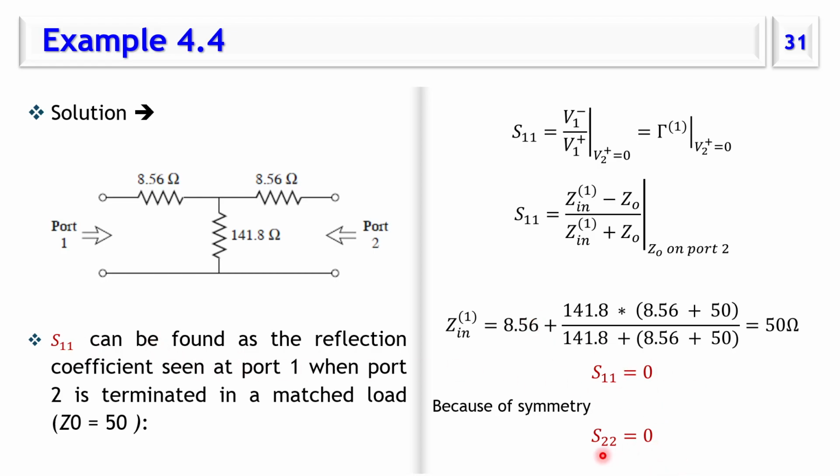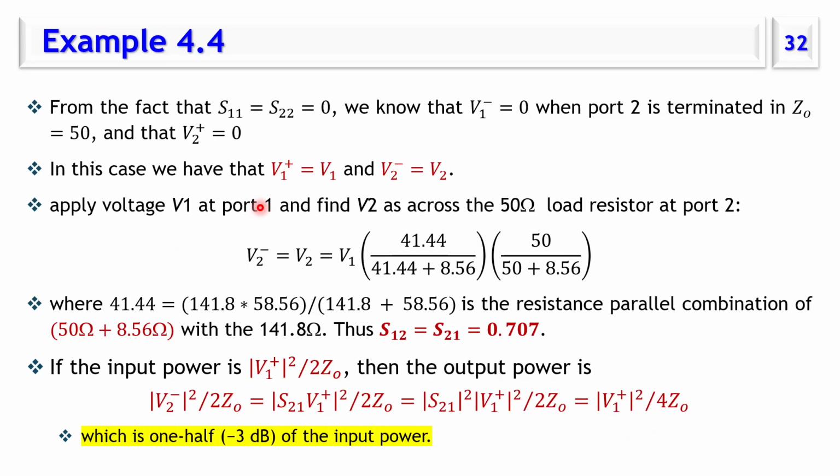Now we need to calculate S21 or S12, because it's reciprocal, it would be the same value. Because S11 equals S22 equals 0, we know that V1 negative will be 0 when port 2 is terminated in Z0 equal 50.